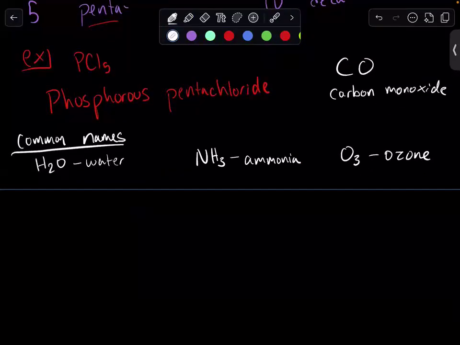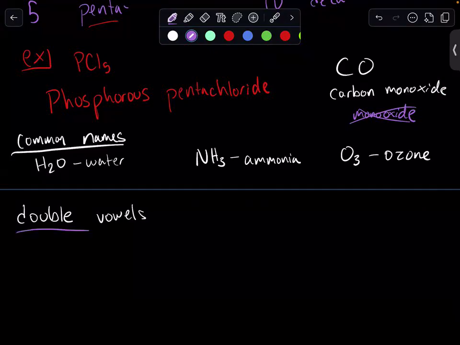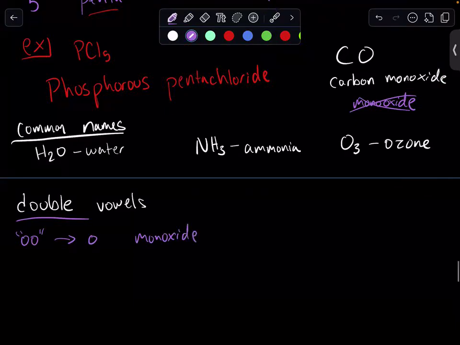Lastly, we have some weird name things that happen. So what if we have double vowels? You already saw one here. You might think back up in carbon monoxide, we might have something like monooxide, but that sounds a little weird. So we don't actually say monooxide. If we have a double O, we just convert to one O. So monoxide is what we would say.